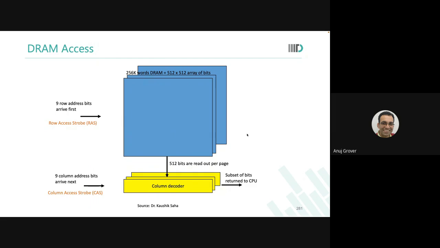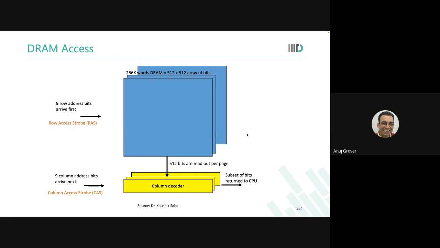Unlike SRAMs, where a sense amplifier is associated with a set of 4 or 8 bit lines, in a DRAM every bit line has a sense amplifier, because the refresh has to happen simultaneously. The write has to happen simultaneously. You have to read every bit line, otherwise it's a destructive read.